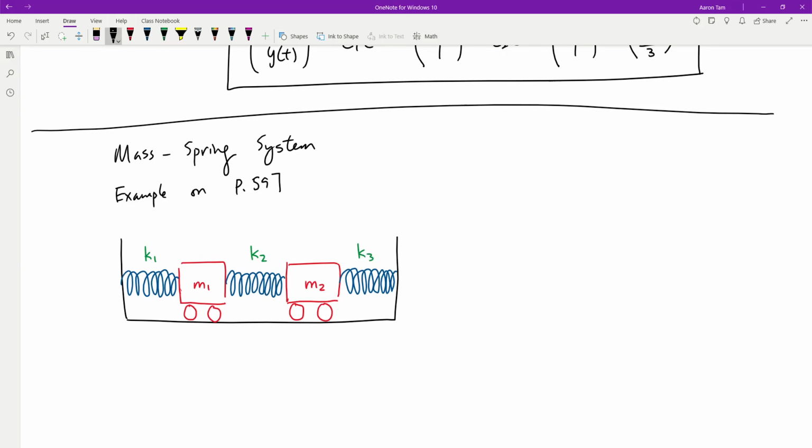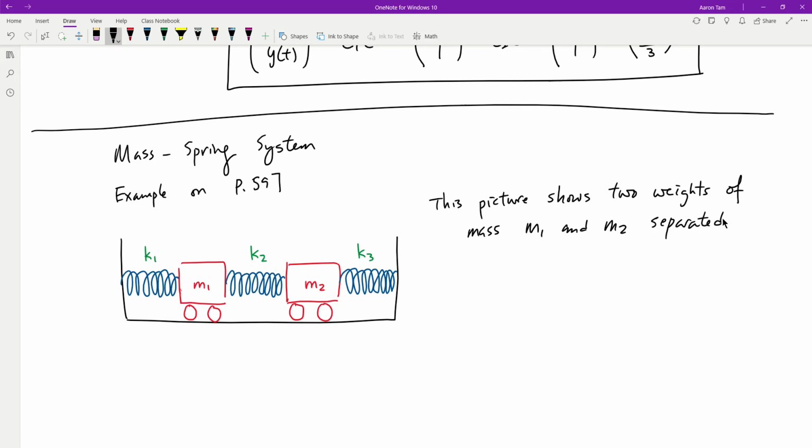So in this entire system, this picture shows two weights, which are the masses M1 and M2, separated by springs from each other and from the wall on either side.